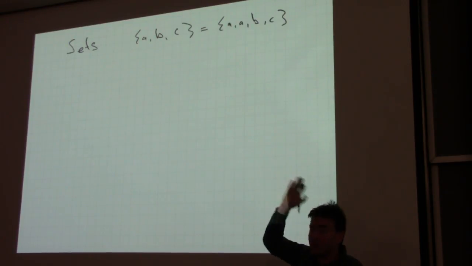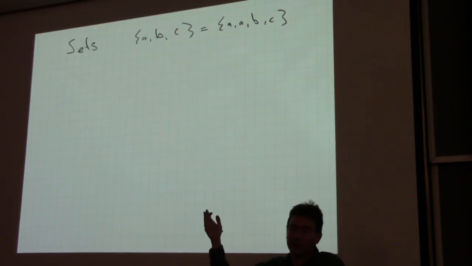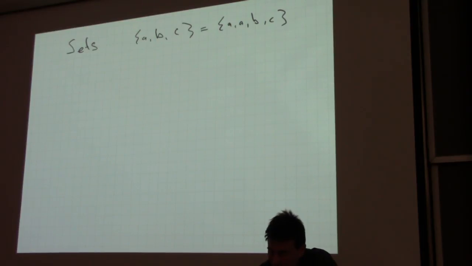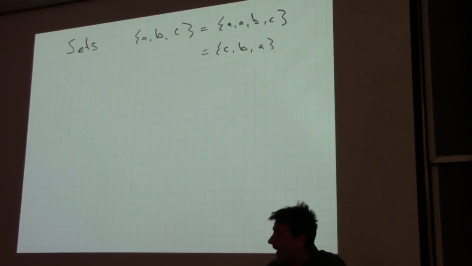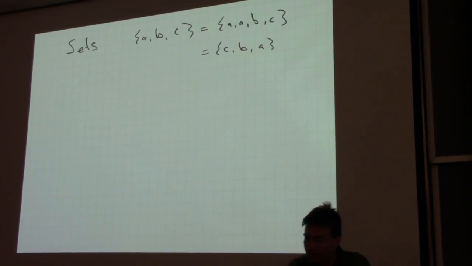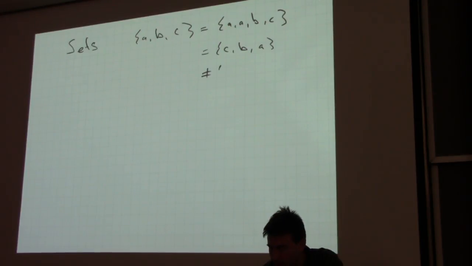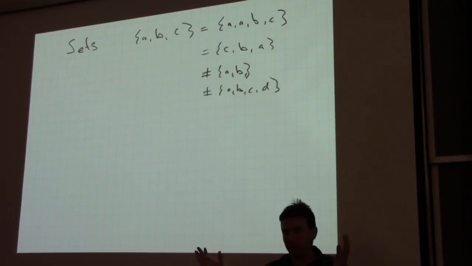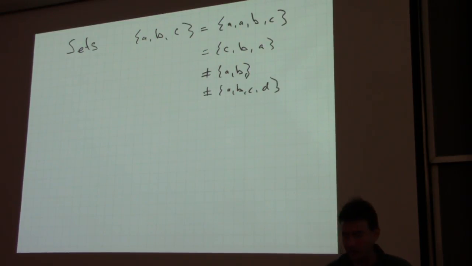The fact that A occurs twice doesn't make any difference. I just see what elements are in the set or not. I can also change the order, so {C, B, A} is equivalent to {A, B, C} as well. But this is not equivalent to {A, B}, because it's missing C. It's not equivalent to {A, B, C, D}. You've all seen sets before, but this is just to make the notation crystal clear.